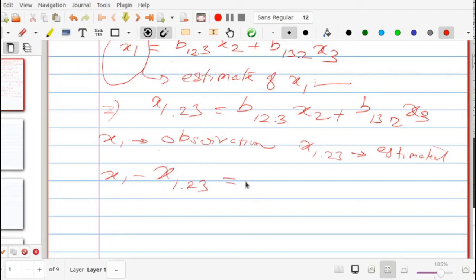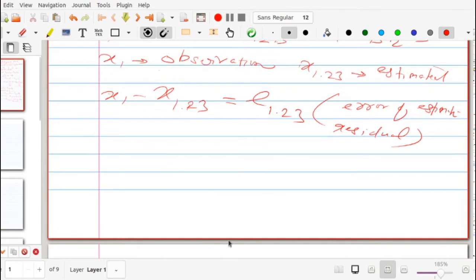This is represented as e1.23 and is also known as the error of estimate, or it is also known as a residual, depending on the authors of the statistics books.